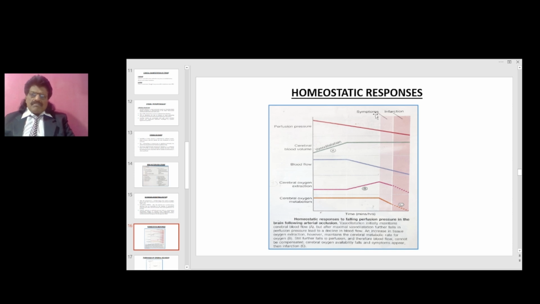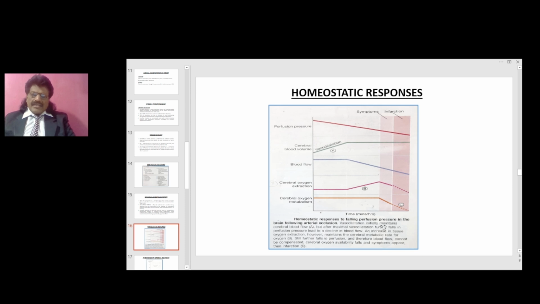These are the symptoms and here it is infarction. So we are talking about various homeostatic responses: the perfusion pressure, the cerebral blood volume, the blood flow, the cerebral oxygen extraction and cerebral oxygen metabolism. These are the homeostatic responses to falling perfusion pressure in the brain following arterial occlusion.